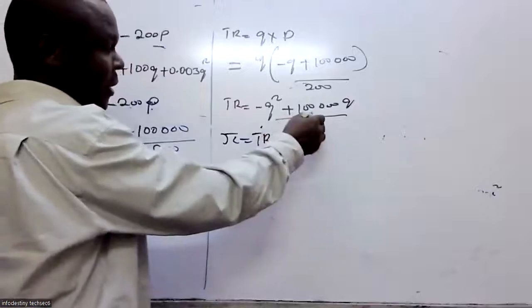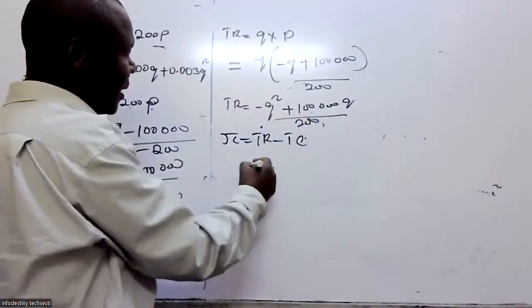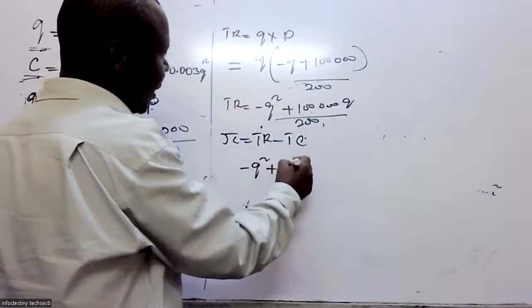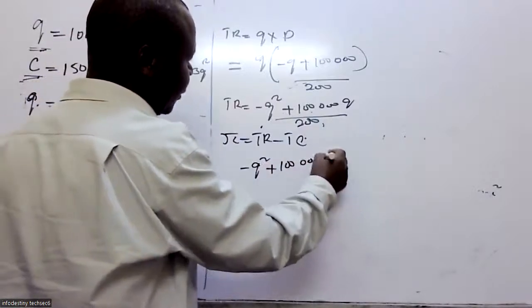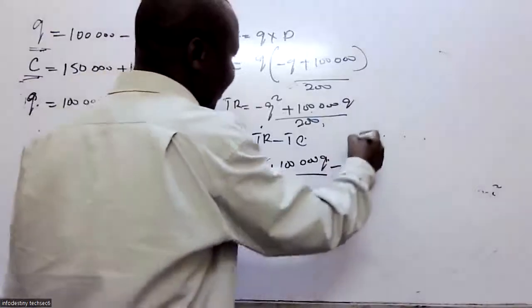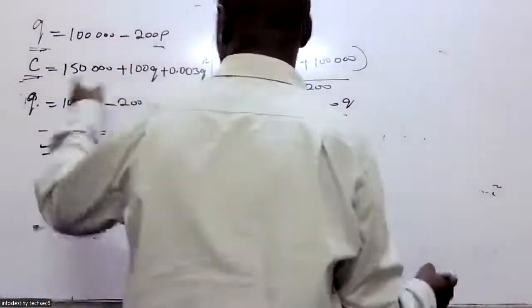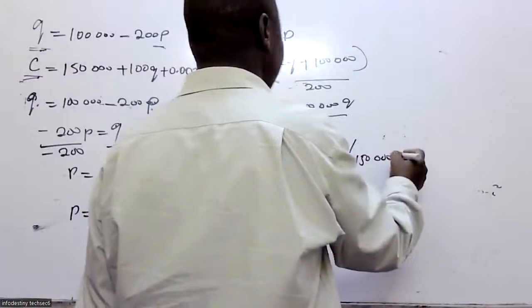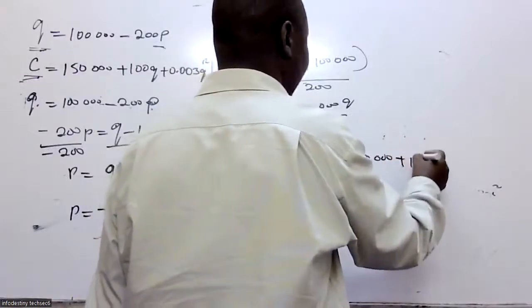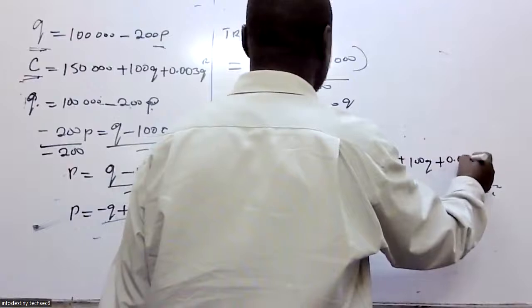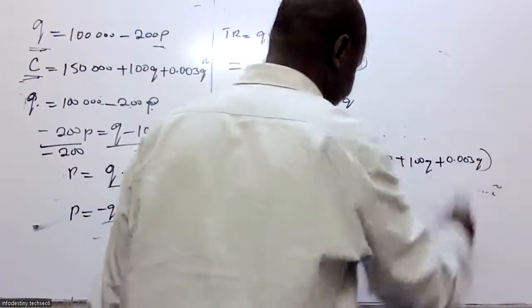TR is this one, that's going to be minus Q squared plus 100 Q divided by 200, minus, you open the bracket, this is going to be 150 plus 100 Q plus 0.003 Q squared.